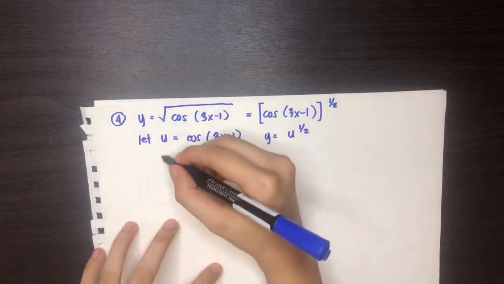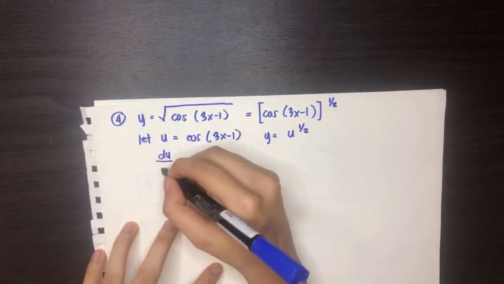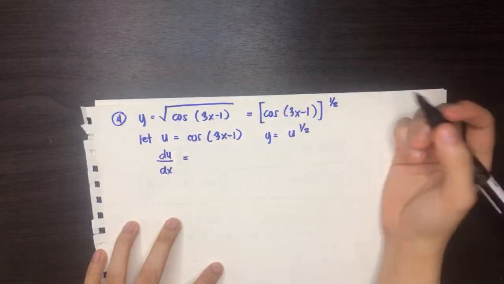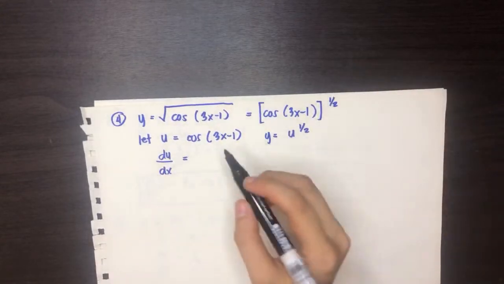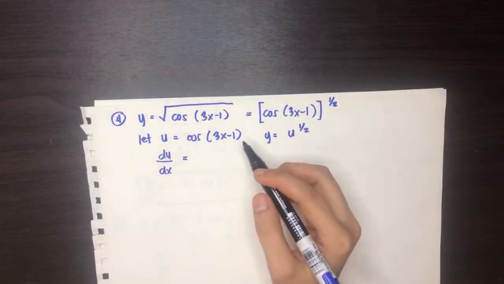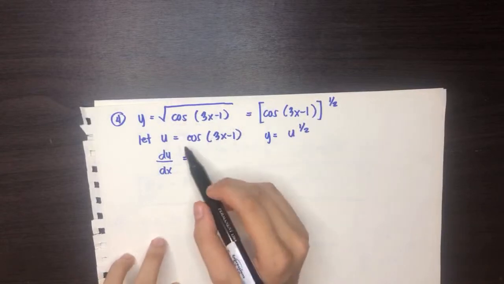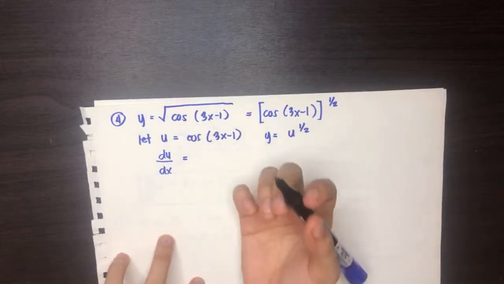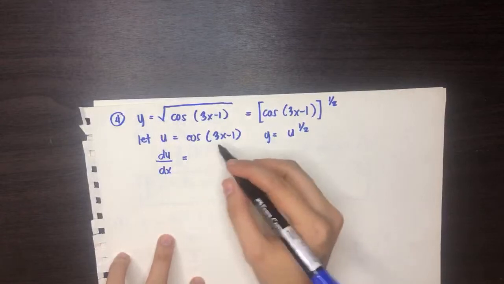And then, derivative of u with respect to x is, ito, gagamitan mo ulit to ng chain rule kasi function, i-differentiate mo yung function of a function.